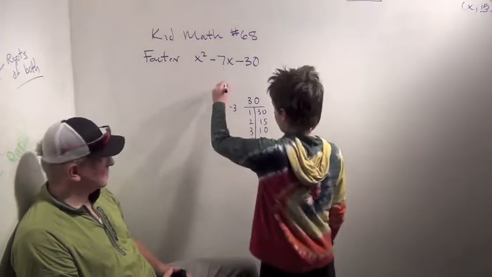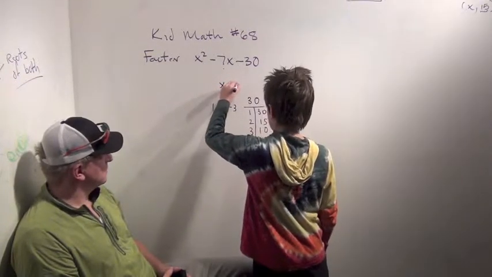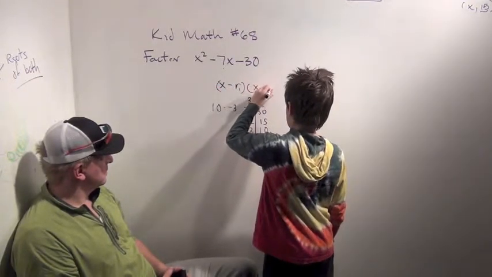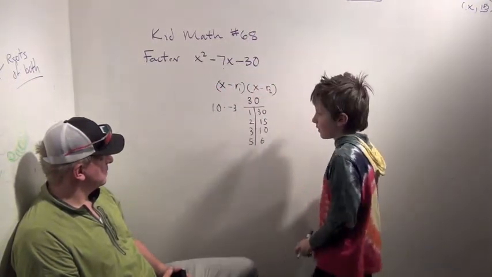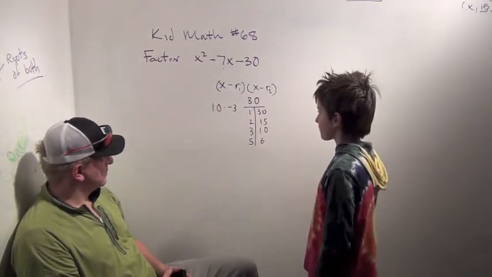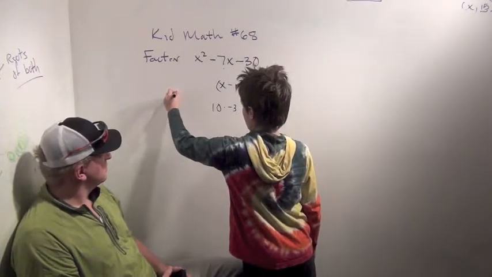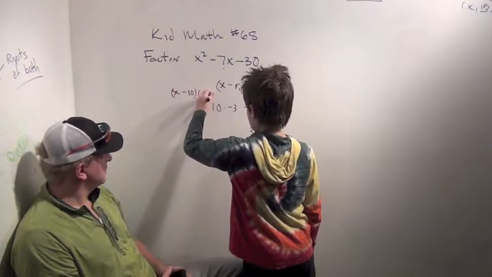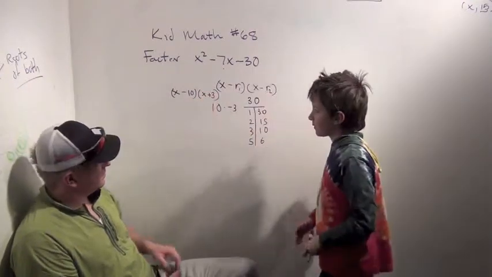But the factors are x minus, let's say root 1, times x minus root 2. So we have to do negative on both of them, which gives x minus 10 times x plus 3. Okay, so good.